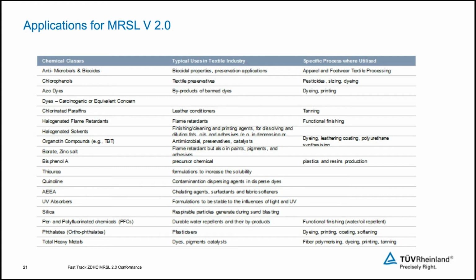Sure, there is a transitional period applicable from version 1.1 to version 2.0, but it might take some time, as you all know, to develop new chemical formulations or substitute chemicals in the chemical product. Therefore, I think the chemical industry has some homework to do.